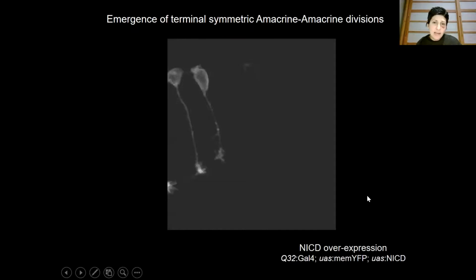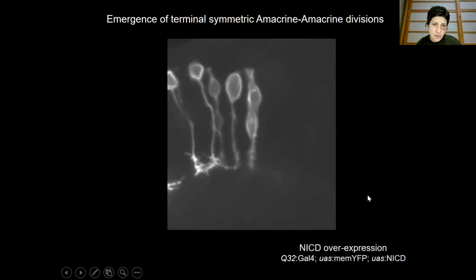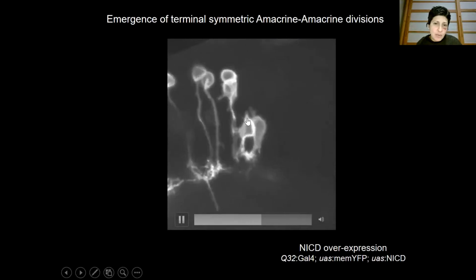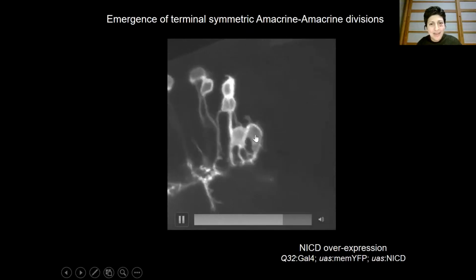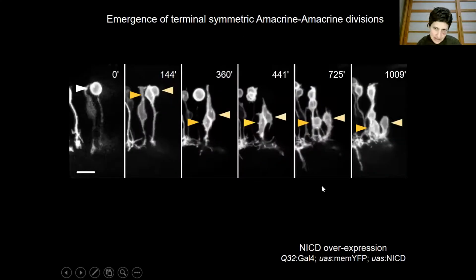How do these arise? Essentially, they arise by divisions that don't normally occur. So for example, when you overexpress NICD, we saw the emergence of 2 amacrine cells being generated by a division, which is something we never saw in the wild type, shown here in a static panel.